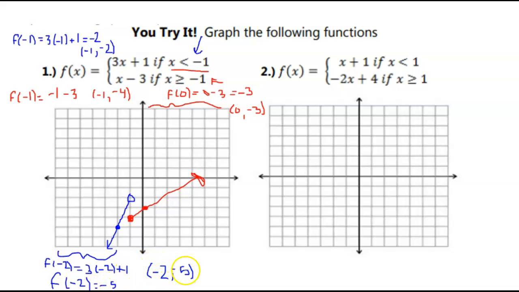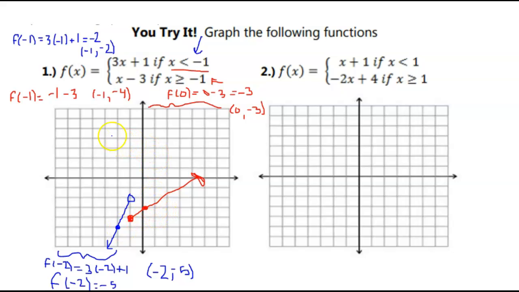So I know at -2, this graph is going to hit at -5. So (-2, -5) is the point, and that's all I need to graph a line. So I'll start at my boundary point of (-1, -2) and just connect it through and graph that line, using the point (-2, -5).